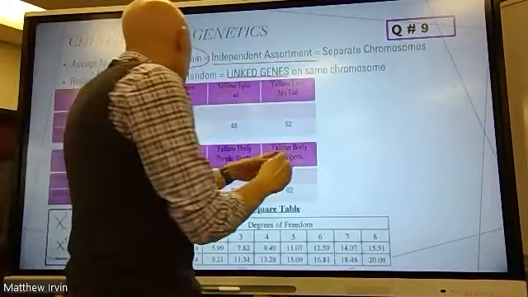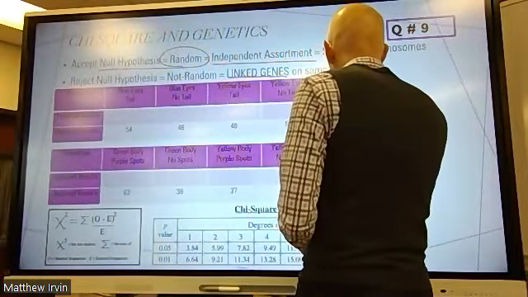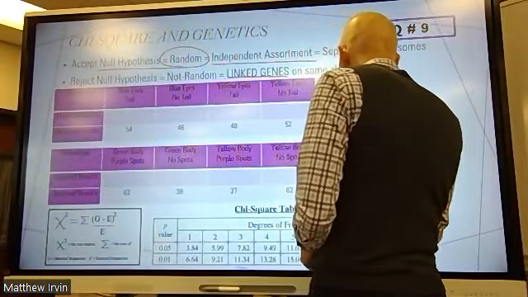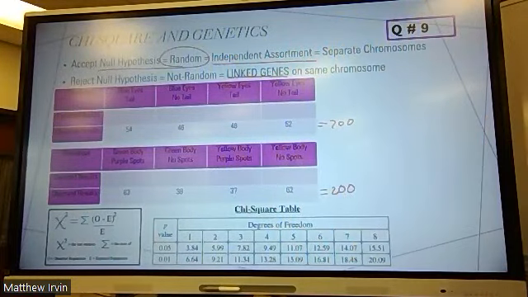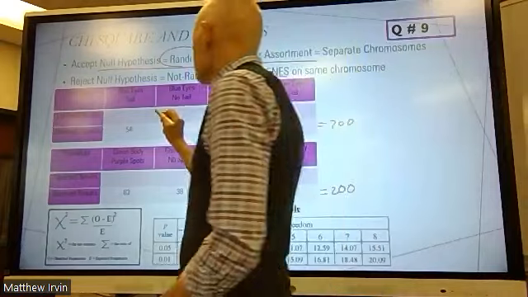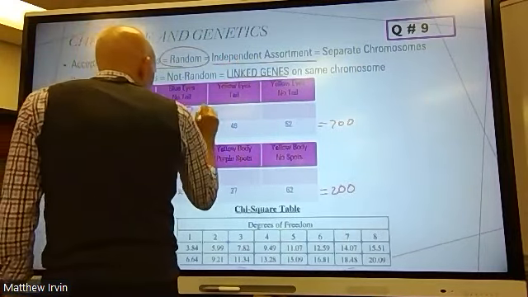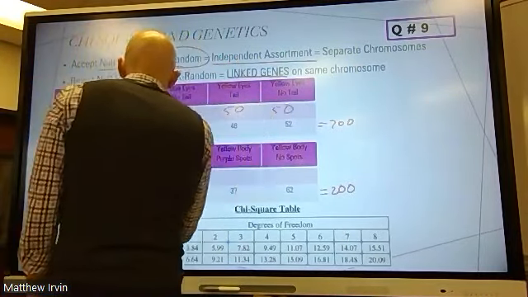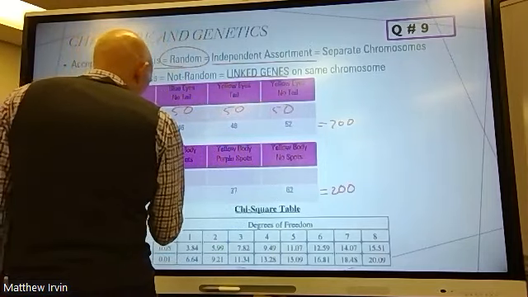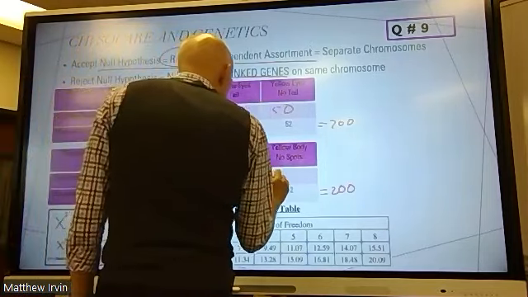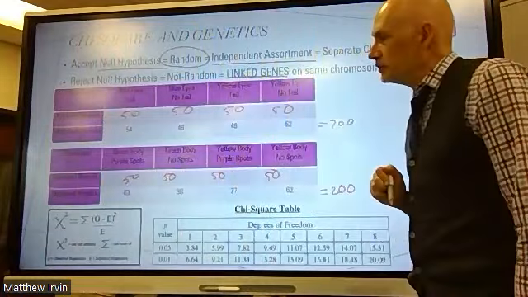So both of these equal a total offspring of 200. So if it is random, the expected number would be what? Yes. So 200 randomly distributed into 4 categories, it'd be 50. So then we do our chi-squared.